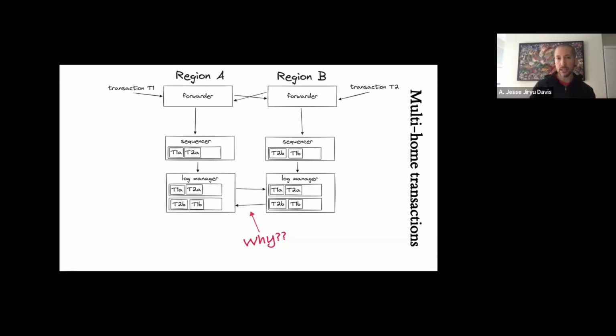I don't understand. It's as if region A's log manager needs information from region B and vice versa, but I don't actually see why that's the case, because we already had this exchange at the top.